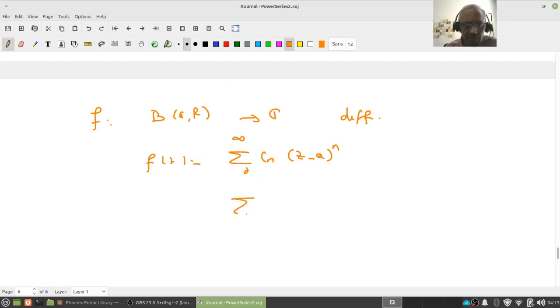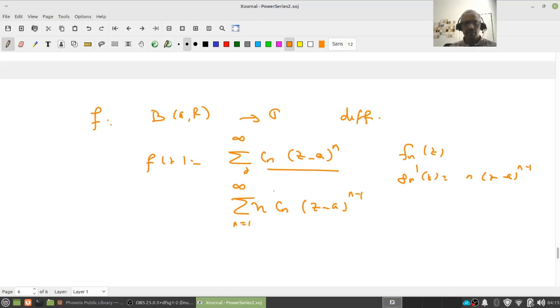That is, we looked at the series: fn(z) is Cn (z minus a) to the power n, and fn dash of z is n Cn (z minus a) to the power n minus 1. Here again, you can write n equal to 1 to infinity, because the first term is the constant, which is killed when I differentiate.